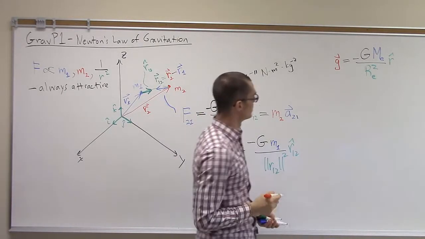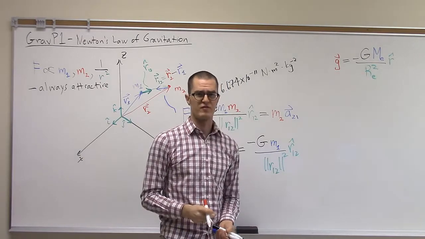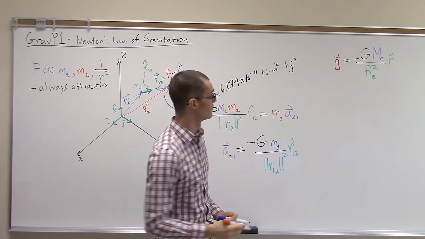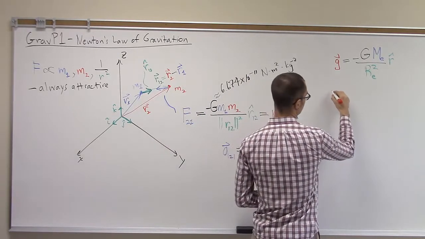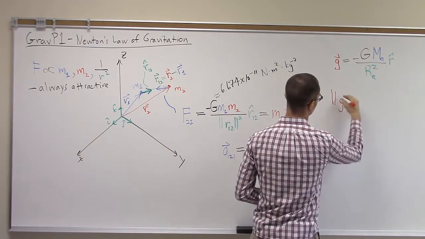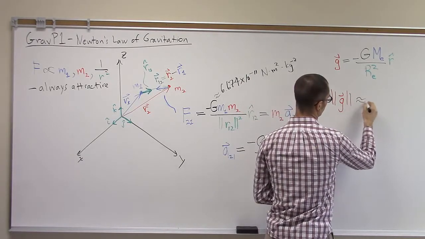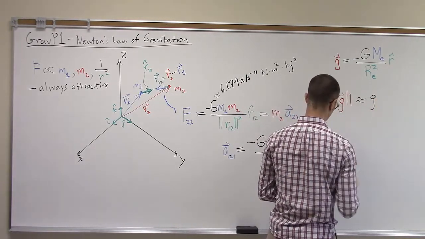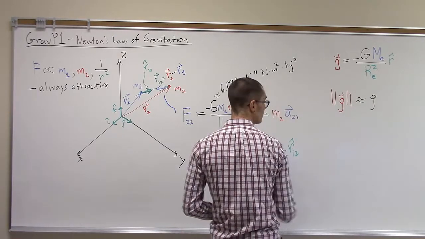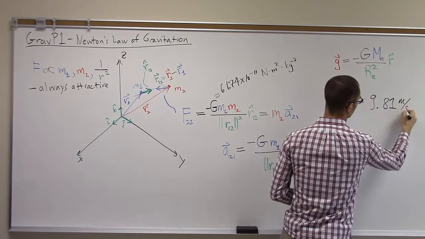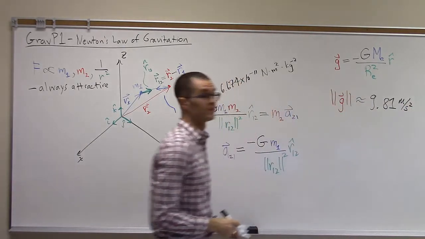The measurement of g is, of course, the object of gravimetric surveys, so we need to measure very small changes in it near the surface of the Earth. But in general, for rough calculations, g is approximately, on average, equal to 9.81 meters per second squared at the surface of the Earth.